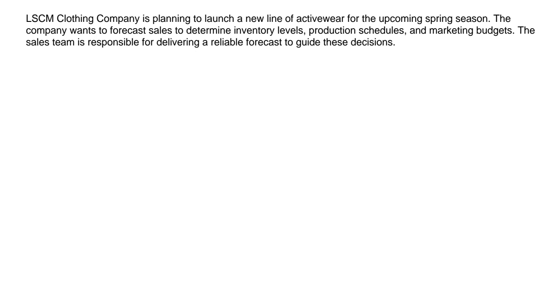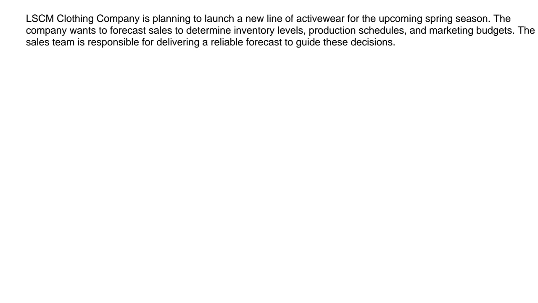Step 2 is choosing our time frame. So what is our time interval? In this case, we want to do it in the short term, so that's a few weeks up until 12 months.